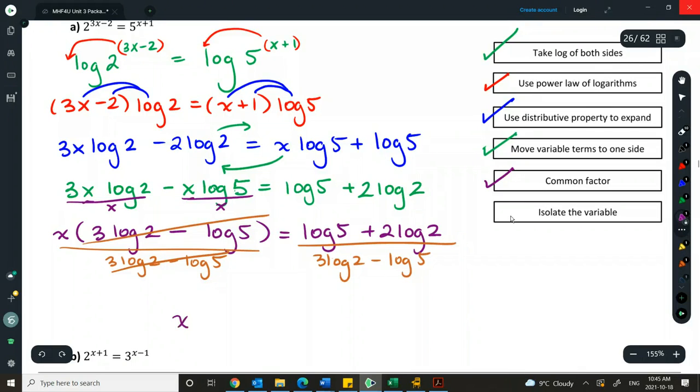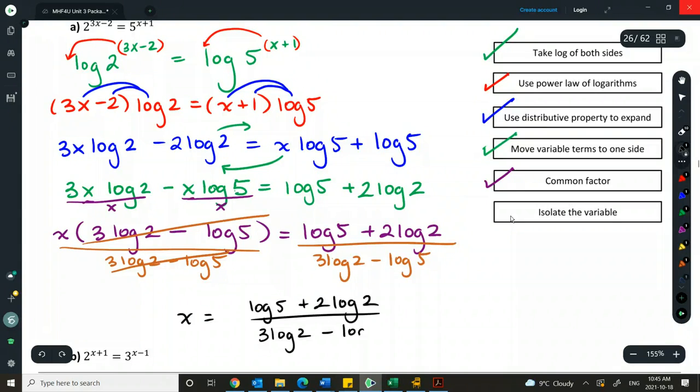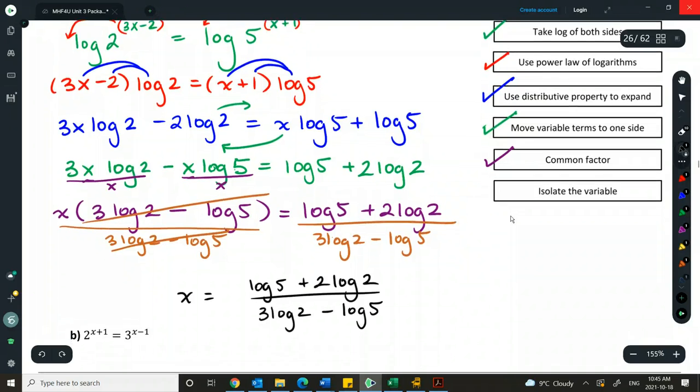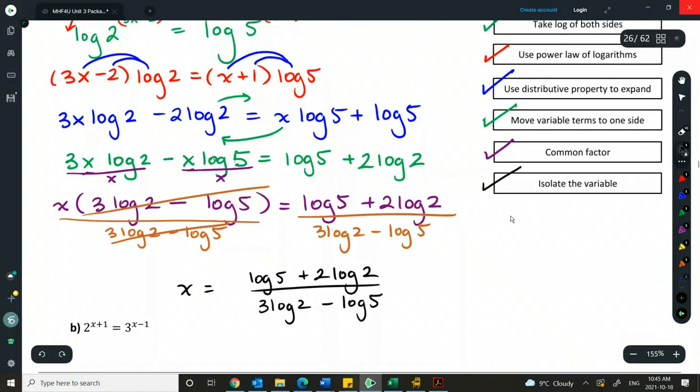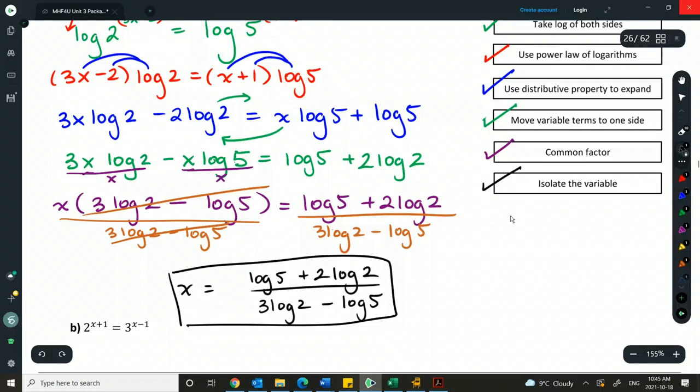So x must be equal to log 5 plus 2 log 2 divided by 3 log 2 minus log 5. Done. Okay, I'm actually just going to leave it there.